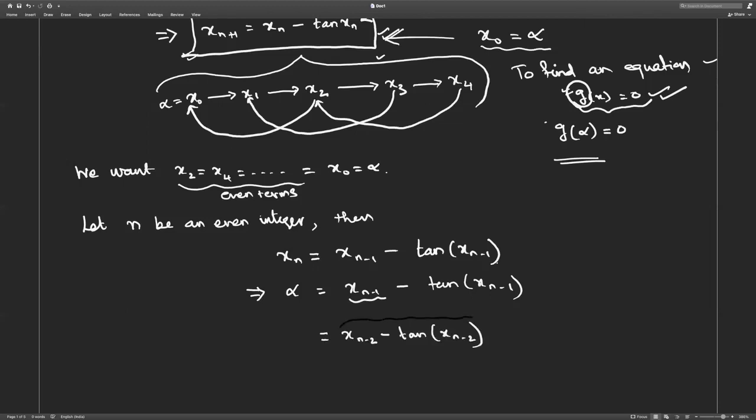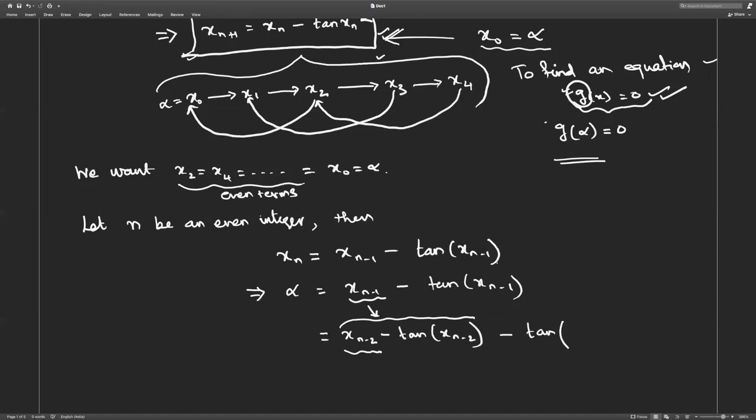So this entire thing is just, I'm putting the formula for the iteration. Why am I doing it? Because here I know that n minus 2 is an even term whenever xn is an even term, right? So that's the advantage of bringing this xn minus 1, which is an odd term, to an expression involving even term.